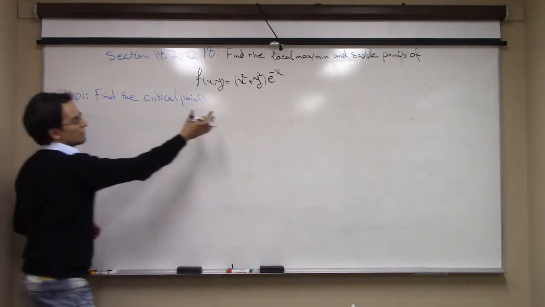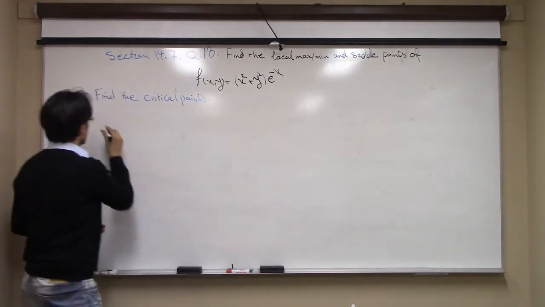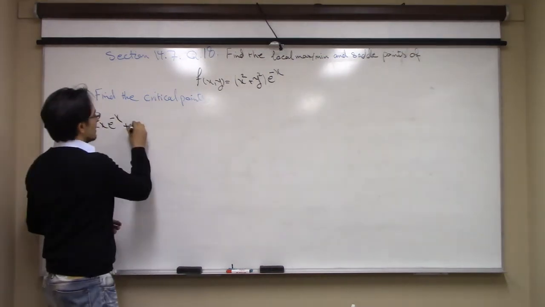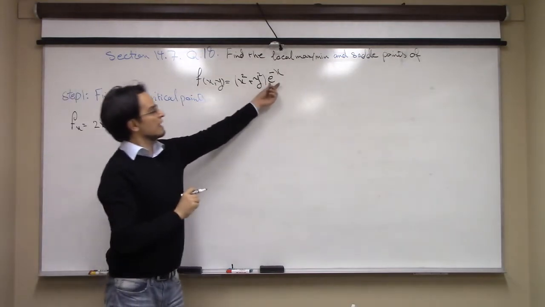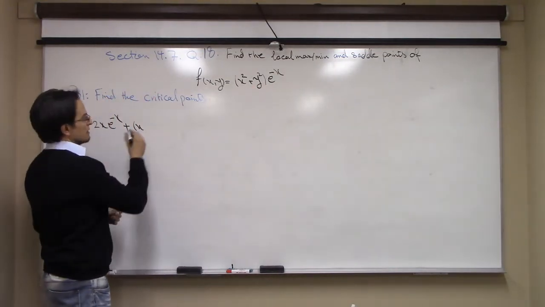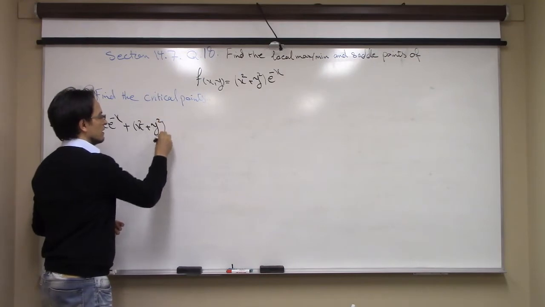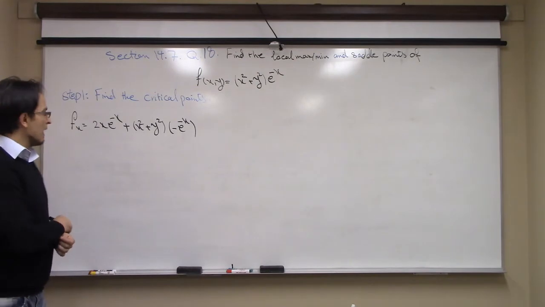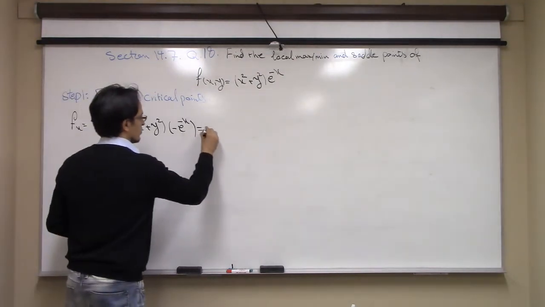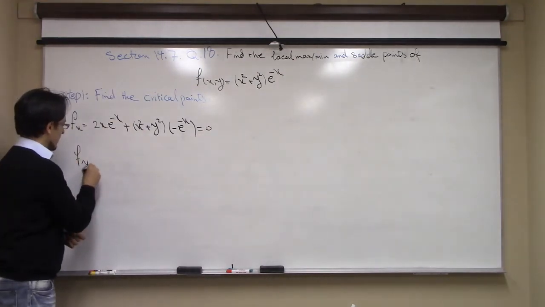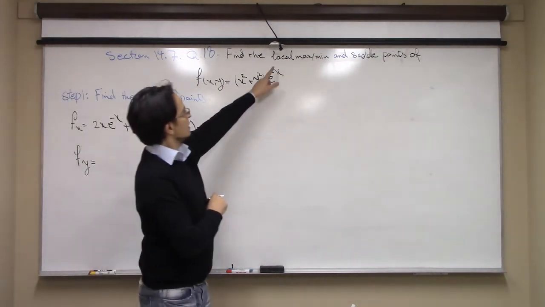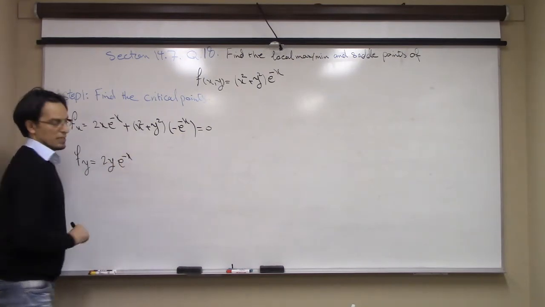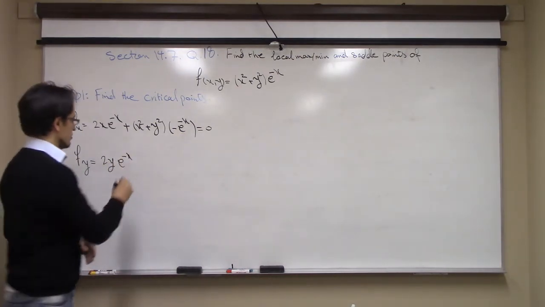The product rule says the derivative of the first one, which is 2x e to the power negative x, plus the derivative of the first one times the second one plus the first one times the derivative of the second one. And set this equal to 0. Fy: there is no y dependence in the exponential, so it is basically just 2y times e to the power minus x. Set both of them equal to 0.